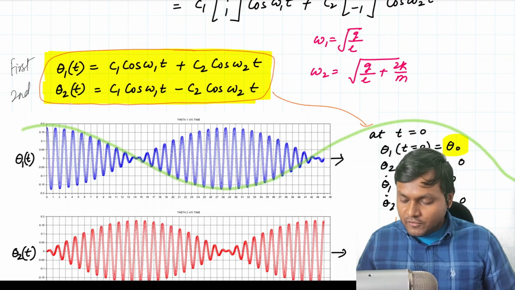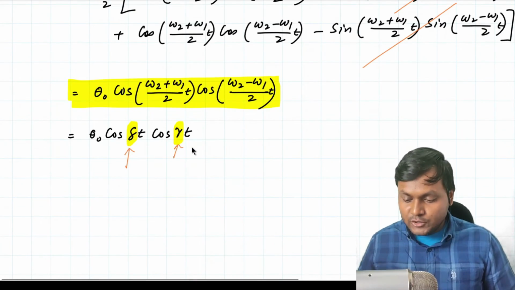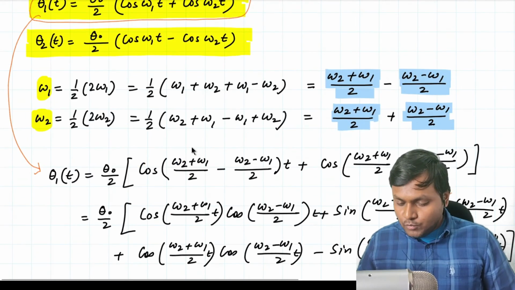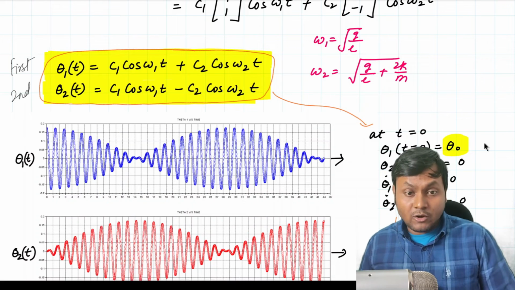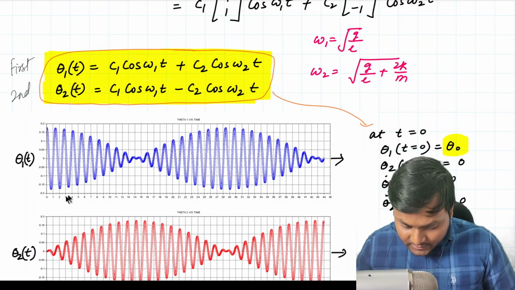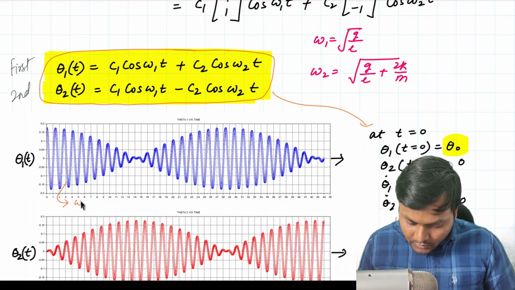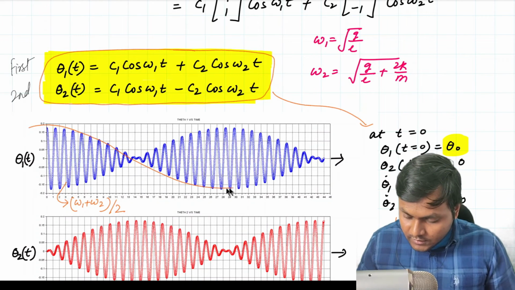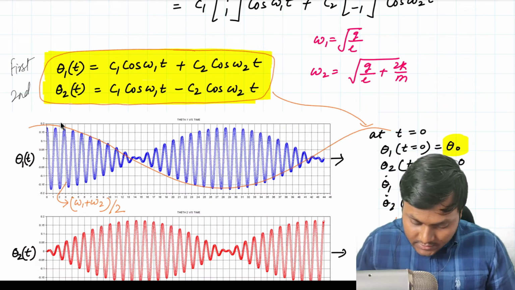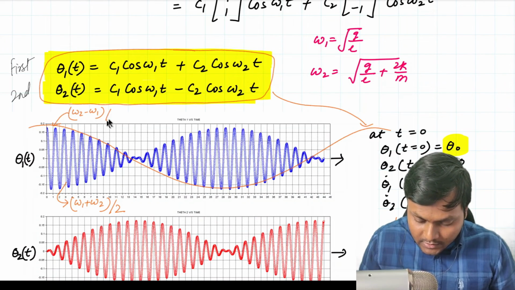And the oscillation of the frequency associated with that is the gamma here, which is omega 2 minus omega 1 by t. So the frequencies that you see here are not omega 1 and omega 2 separately, but rather the frequency of this oscillation is omega 1 plus omega 2 upon 2, and the frequency of this modulation is omega 2 minus omega 1 upon 2.